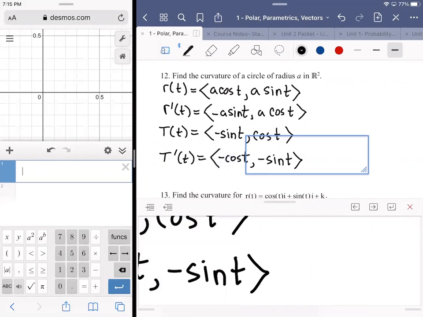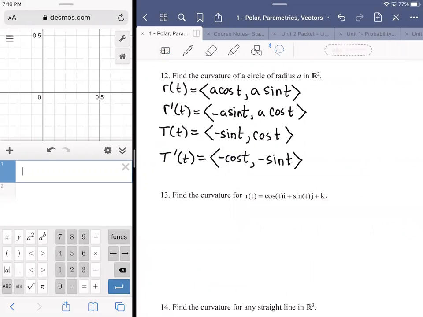So then I just need some magnitudes and I'm good to go. The magnitude of r prime of t, again, asked and answered. We already figured that out, but even if we didn't, it wouldn't take too long. It's going to be a value of a.